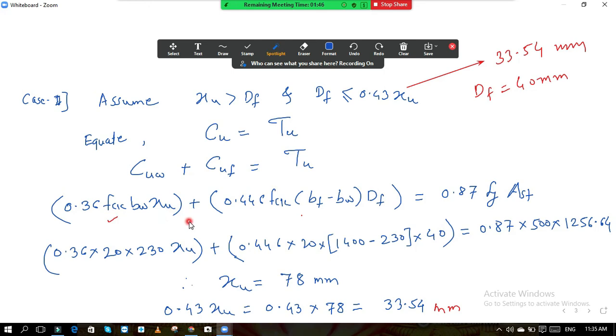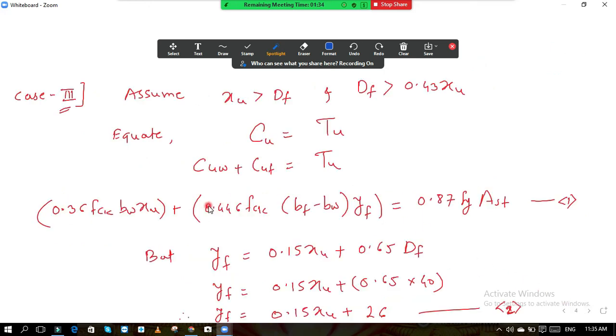Lever armचे फॉर्म्युले पण मी तुम्हाला सांगितले. So df will remain as it is. In case number 2, you have to take the value of df as it is. And if case number 2 is also not satisfied, then come to case number 3. In case number 3, what is the major difference? You have to replace this df by yf.